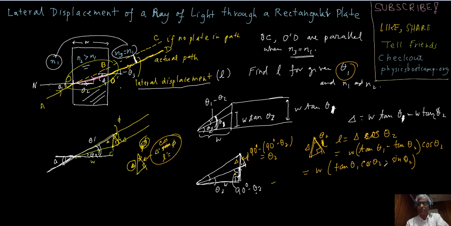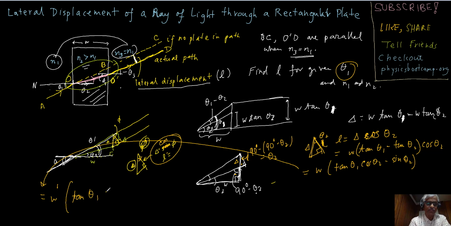That means what we'll have to do is use, so this thing would turn out to be W tangent theta 1 cosine theta 2 minus sine theta 2. By Snell's law, n1 sine theta 1 is n2 sine theta 2.